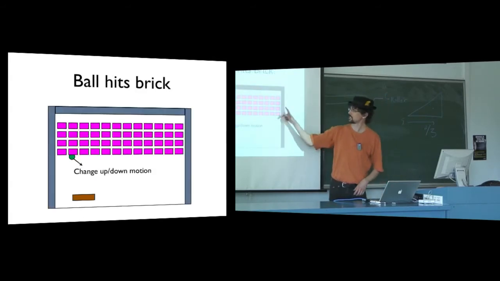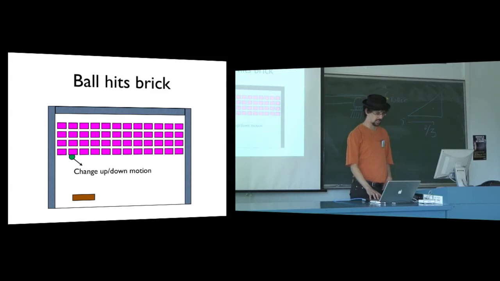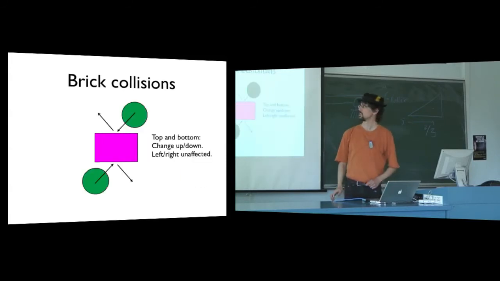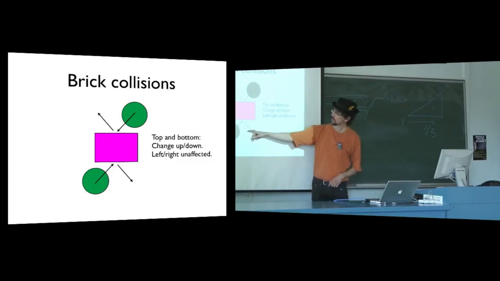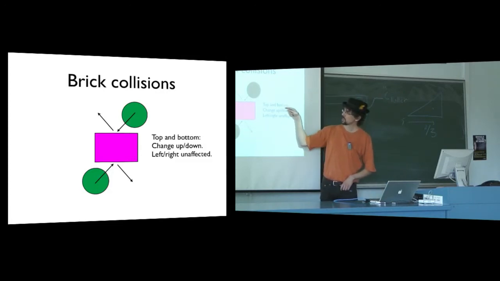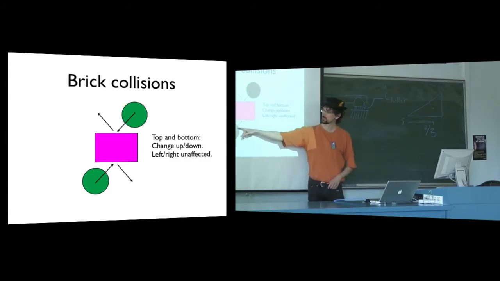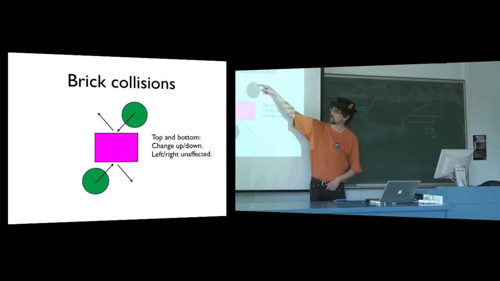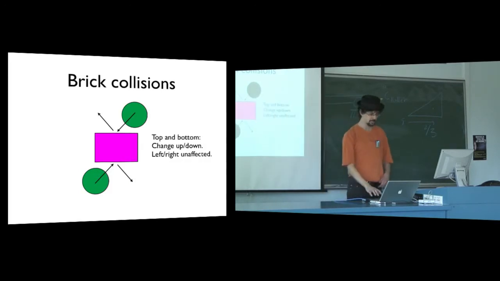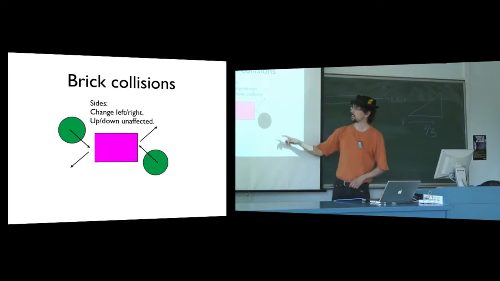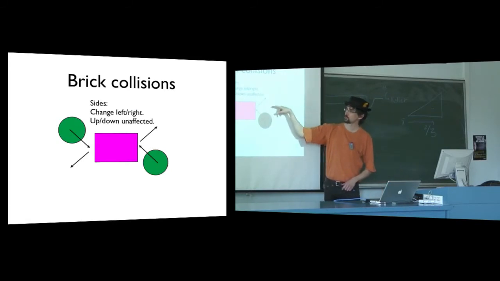So I've done a couple of slides in my storyboard to show exactly how brick collisions would work. If we're hitting the top or the bottom, then we're changing the up and down behaviour of the ball. So if we hit it on the bottom going up, we'll then go down. If we hit it on the top going down, we'll then go up. If we hit it on the sides, it doesn't change the up-down behaviour, but it changes left and right.